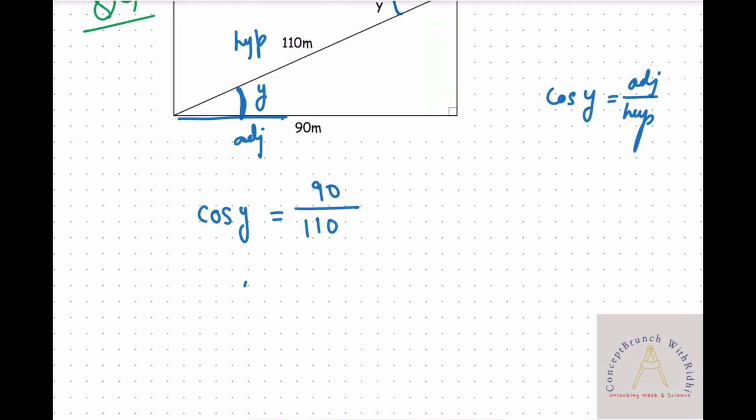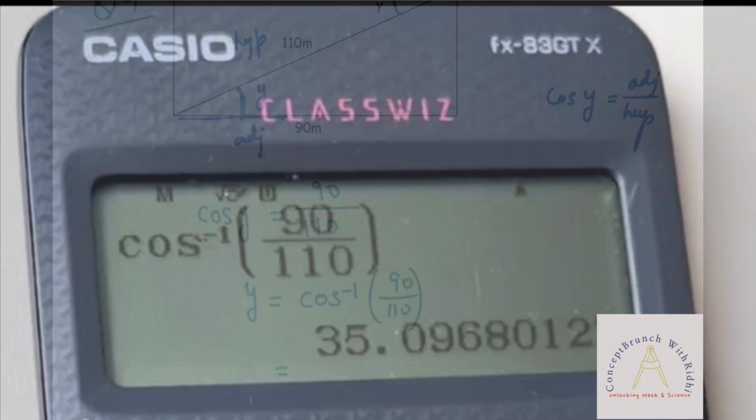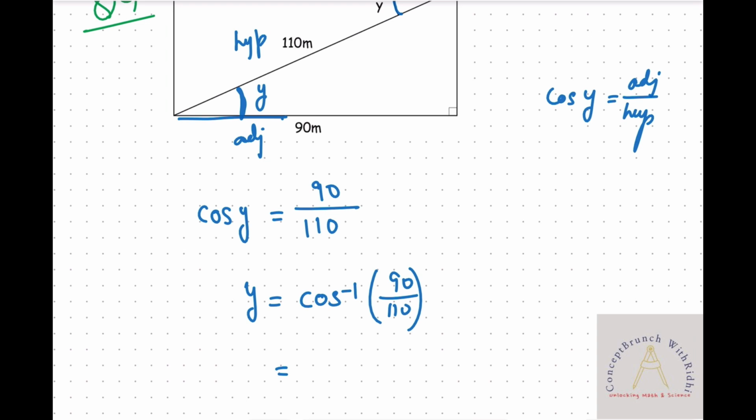So we can write y equals cos inverse of 90 divided by 110. I'll show you how to find this value. So the solution of the angle y should be approximately 35.1 degrees.